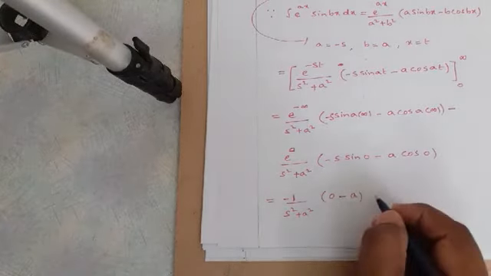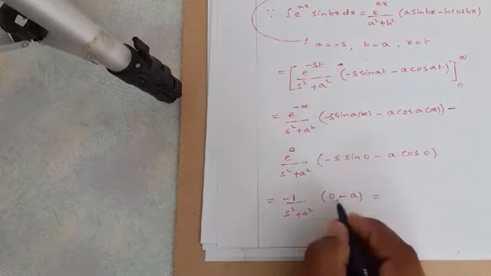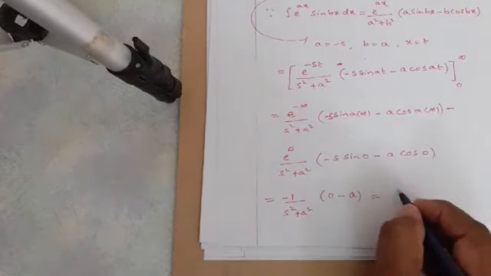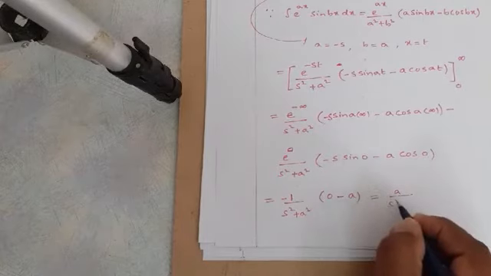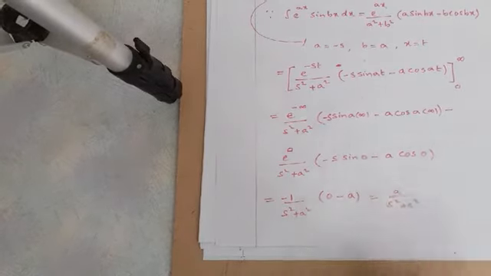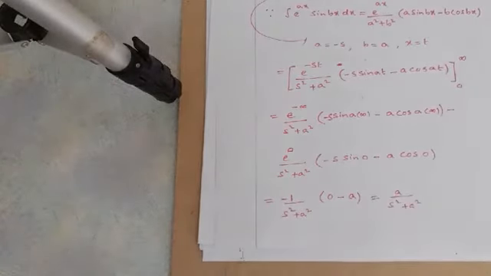Now when you multiply with minus, you get a upon s square plus a square. Now this is the answer for this.